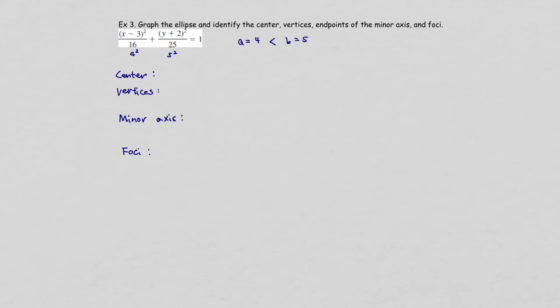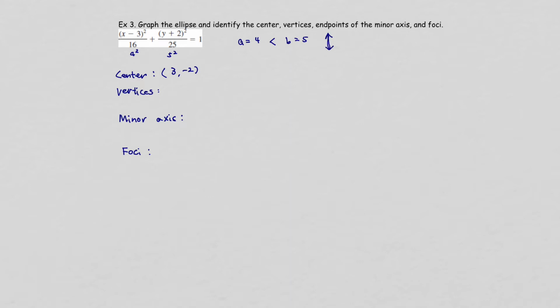If we wanted to find the center, because -3 gives you +3, and +2 gives you -2, the center value is 3 and -2. You know that this is going to be vertical.